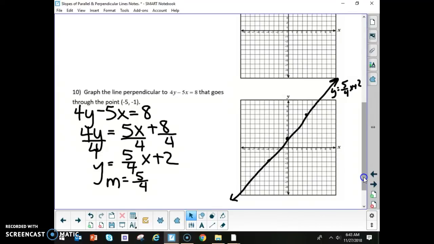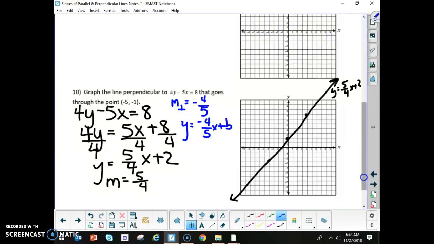Now I want the perpendicular. So the slope of the perpendicular is negative 4/5. So I have y is equal to negative 4/5 x plus b. I'm going to solve for b because I need to know what my y-intercept is. So in order to do that, I'm going to multiply each term by 5 and get rid of this fraction. 5y is equal to negative 4x plus 5b.